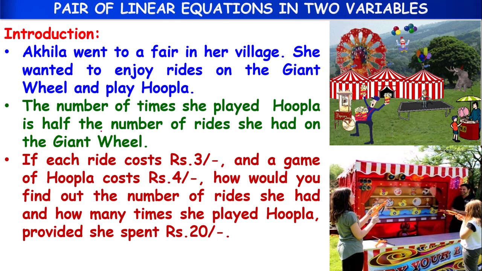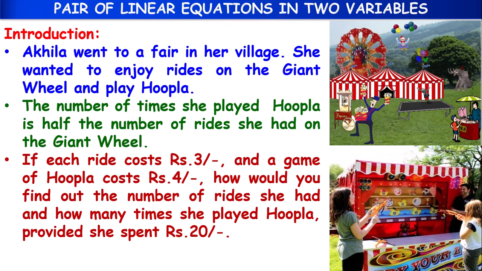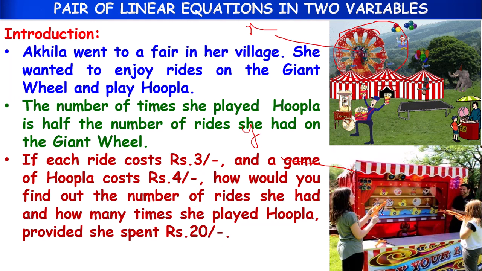In this kind of situation, children, we will come across the linear equations concept. With the help of a pair of linear equations in two variables, we have to solve the question. One variable is x, the number of rides taken on the giant wheel. Another variable is y, the number of hoopla games played.